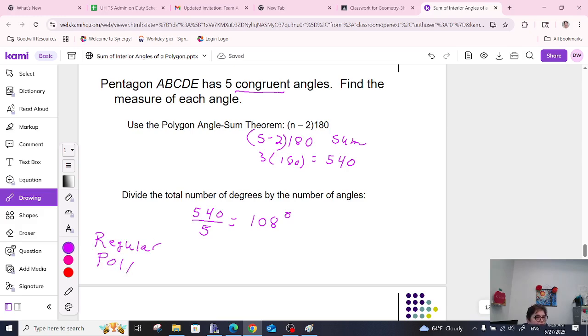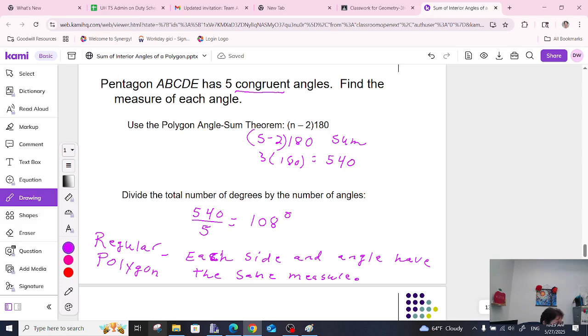When it says regular, that means each side and angle have the same measure. Okay? When I call something regular, that means that each side and angle are the same.